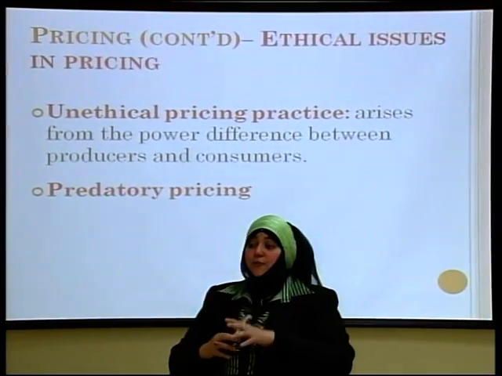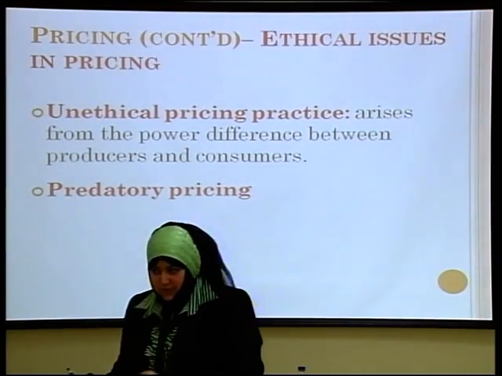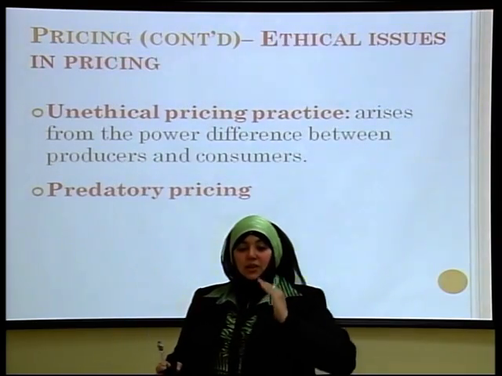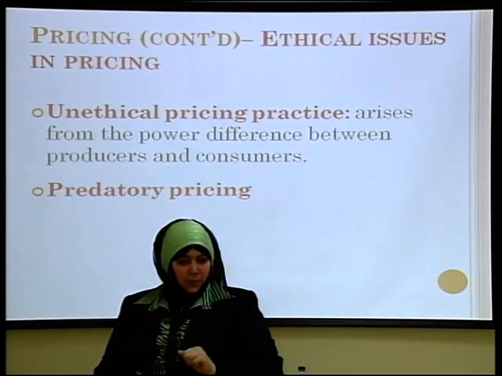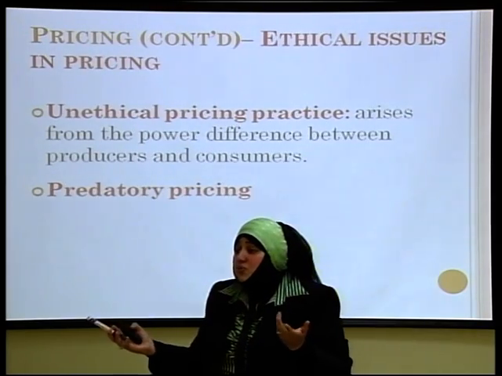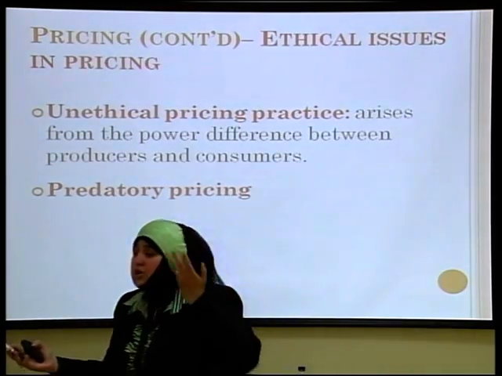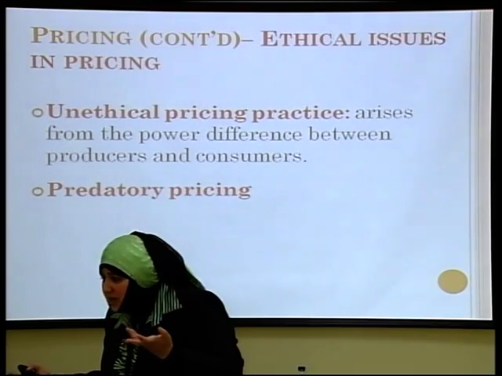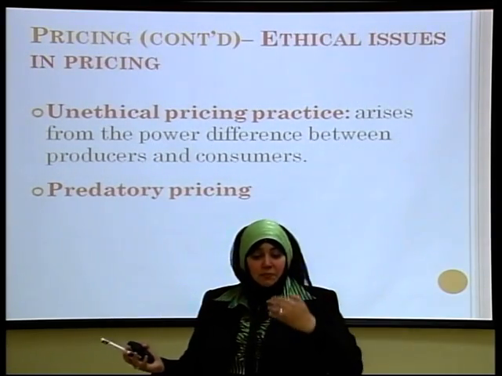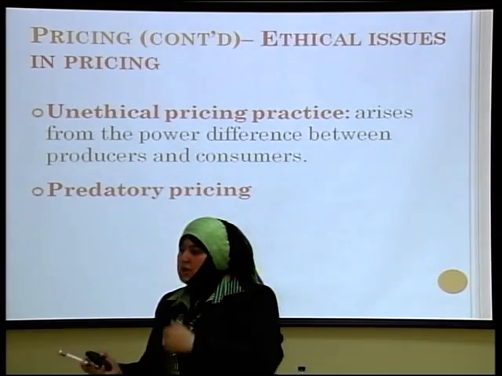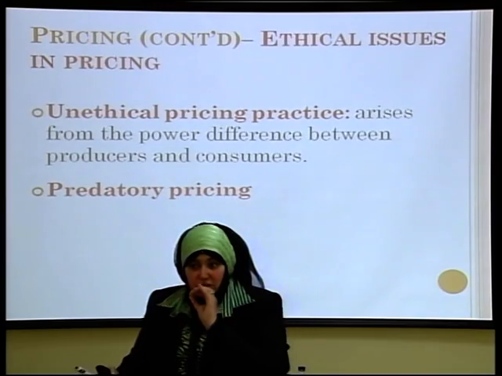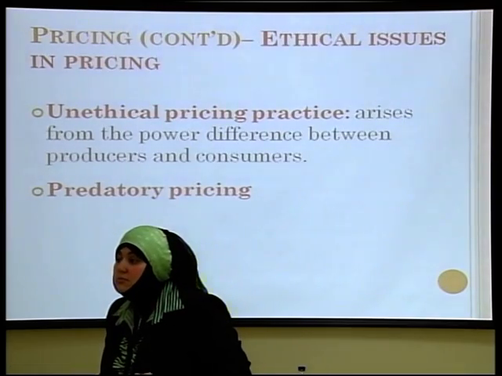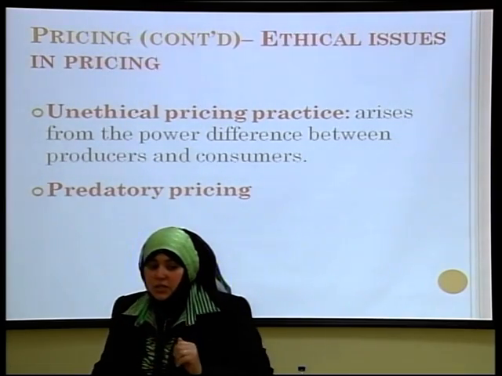Okay, if producers agree together that they will offer this product at X price, consumers will have nothing to do. They have to get the product and that's it. So sometimes the product can be offered at $10, but all competitors, all players of the market in this industry decide to offer it at 15, 16, okay?